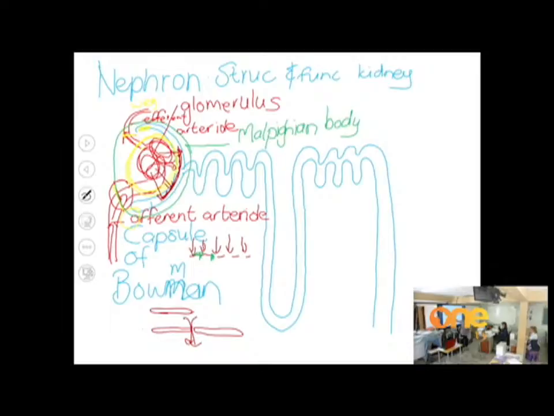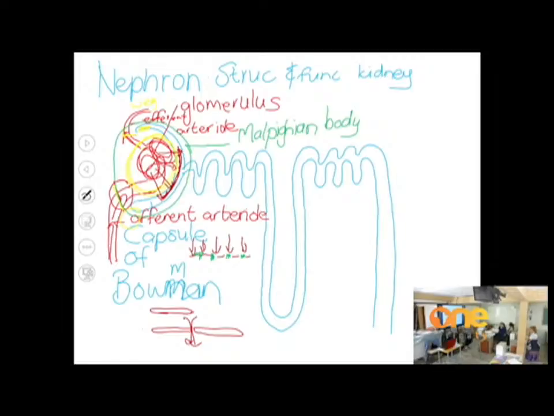They have outgrowths, and they make that opening even smaller, covering the openings between the endothelium of the blood capillaries.